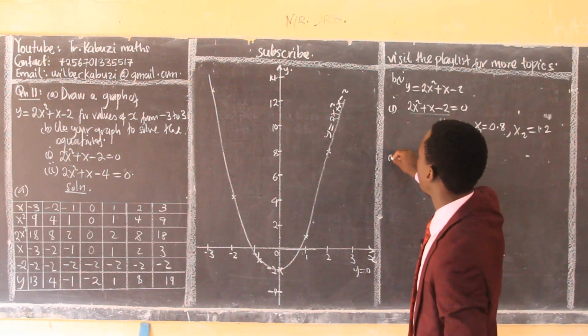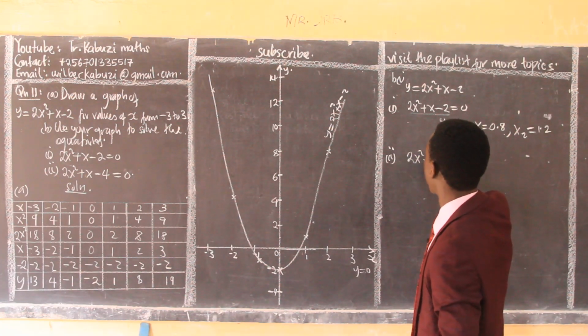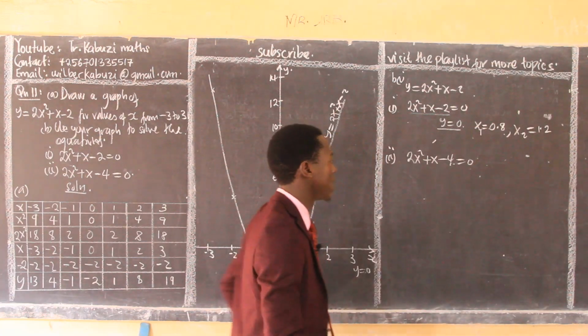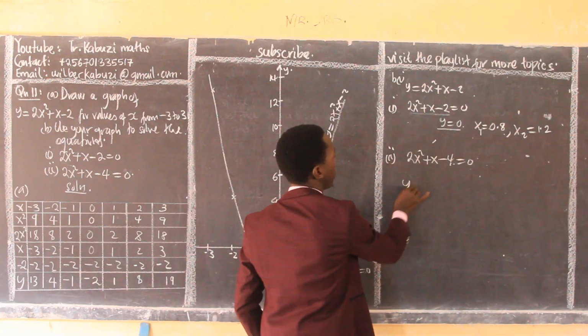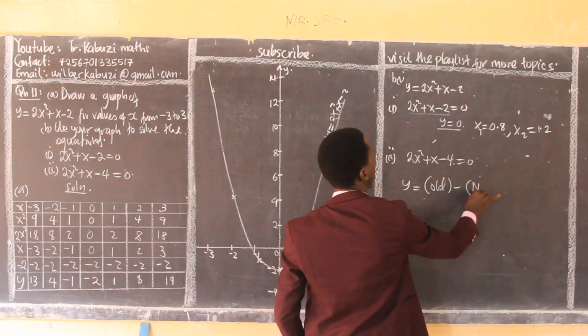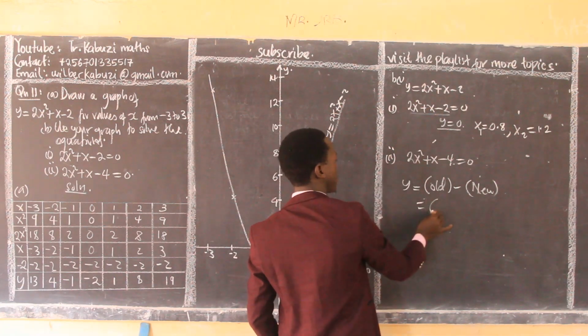When I come now to Roman numeral 2, the one giving me 2x squared + x - 4 equals 0. Now here, to know the value, your y will be the old minus the new. Our old curve is the original curve, which is this one.